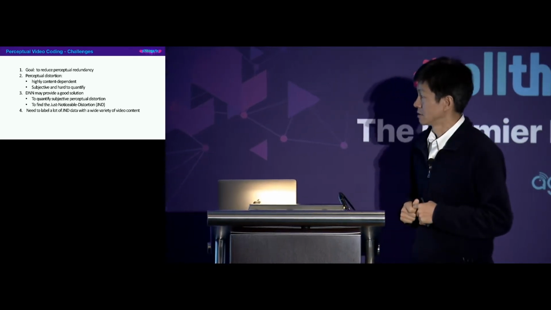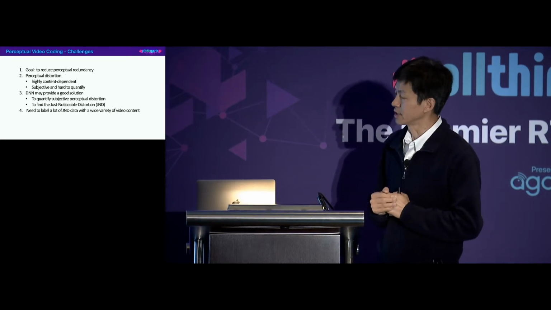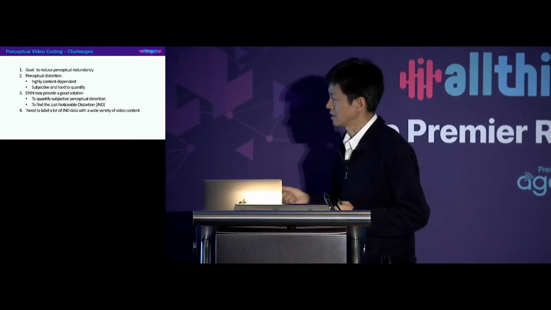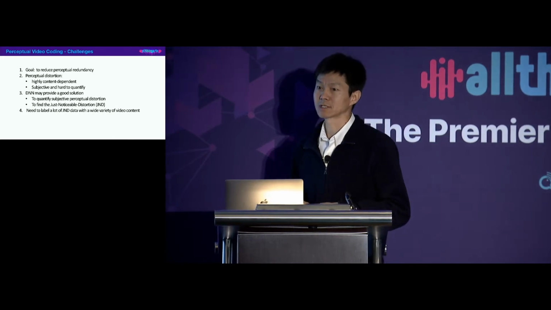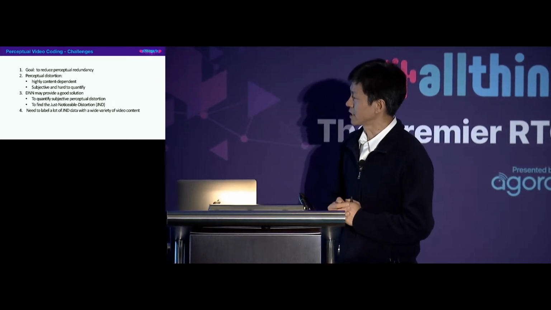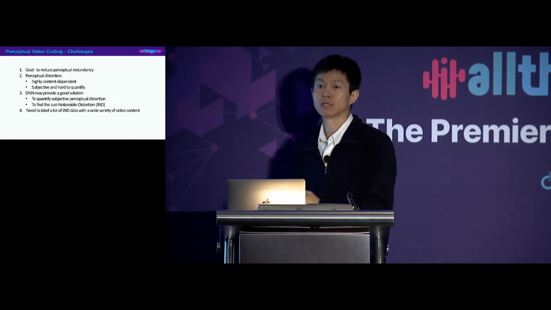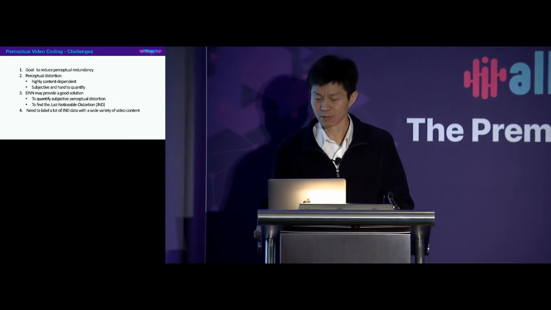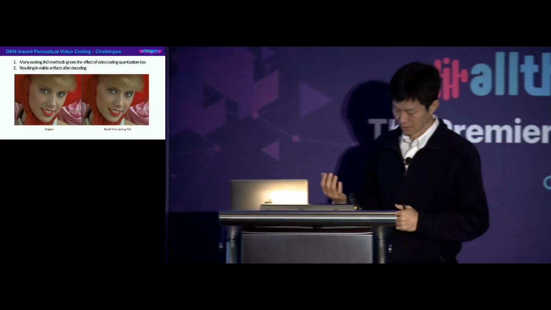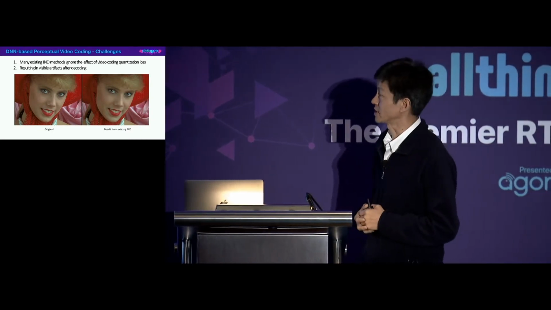So the task is to find this JND value, and it is content dependent. So we need to label a lot of JND data with a very wide variety of video content as training data. And we know neural networks depend on a lot of data for supervised training.